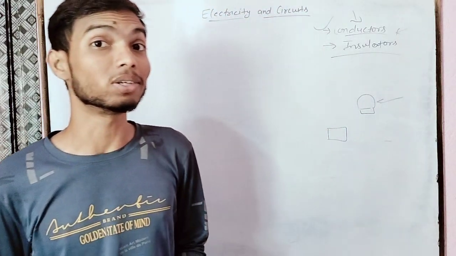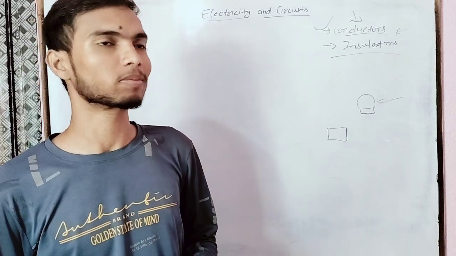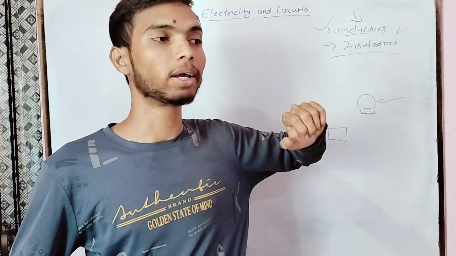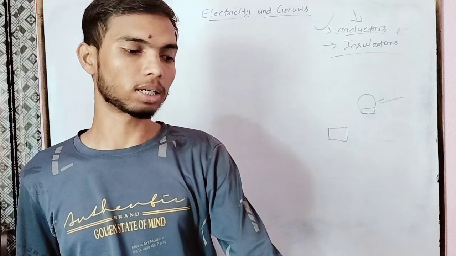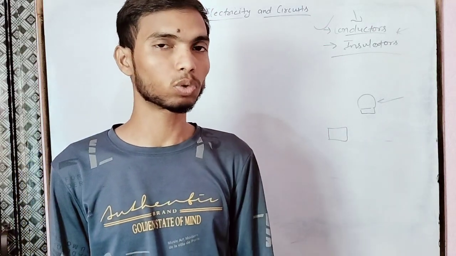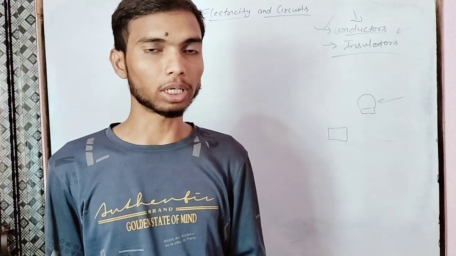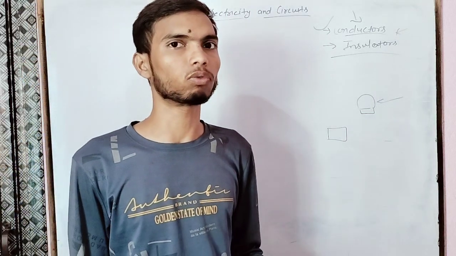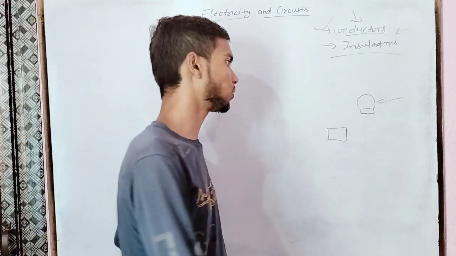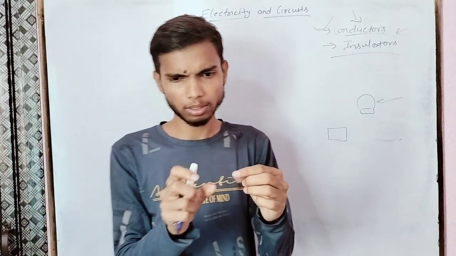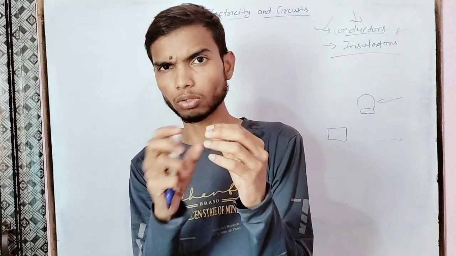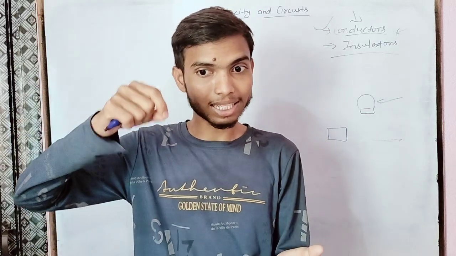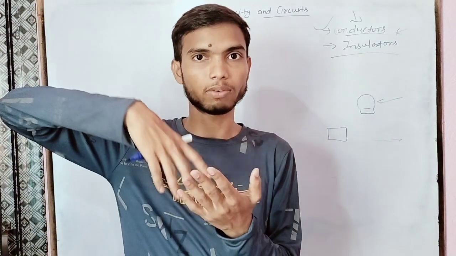So these are the major differences between them, and that is why we sometimes use a conductor according to need. Here we will use a conductor material, here we will use an insulator material. According to requirement, conductors and insulators are used in making an electric circuit. So the covering upper surface surrounding the wire is made of plastic, but inside there is a metal wire.